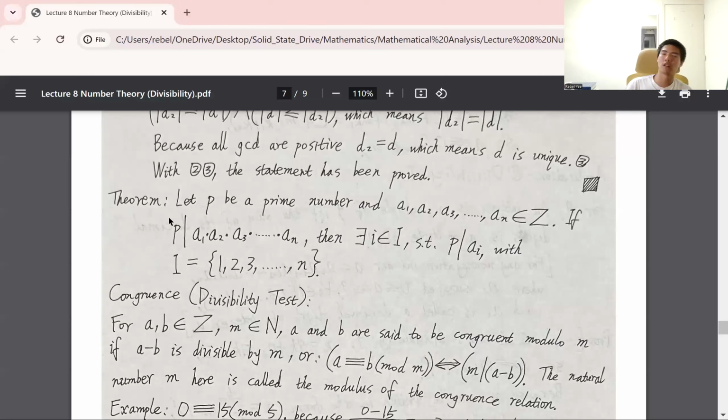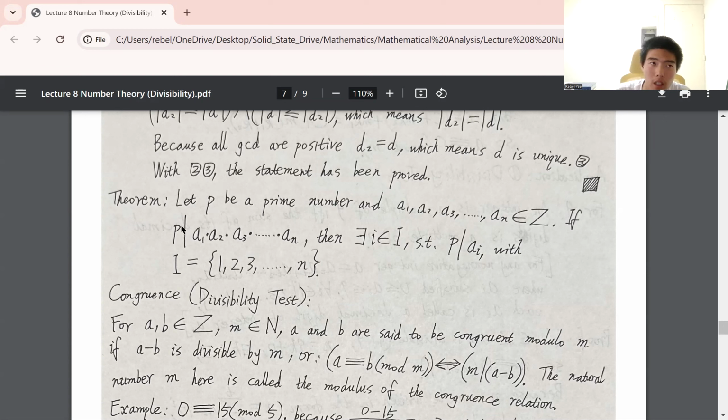And you can think about it in this way: P is a prime, so P can only be factored as 1 times P, right? We can do a very direct proof by contradiction.